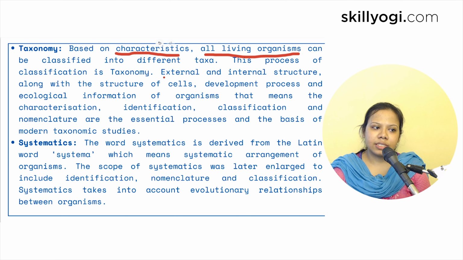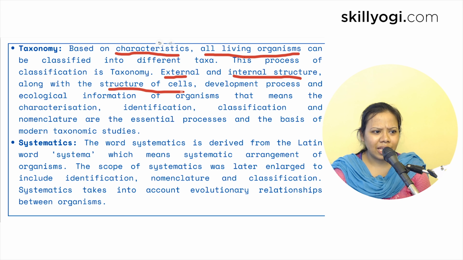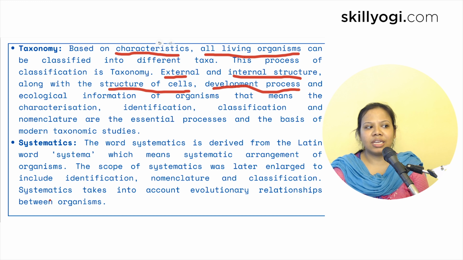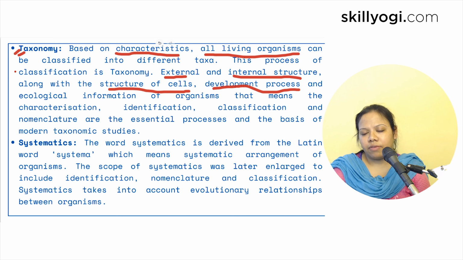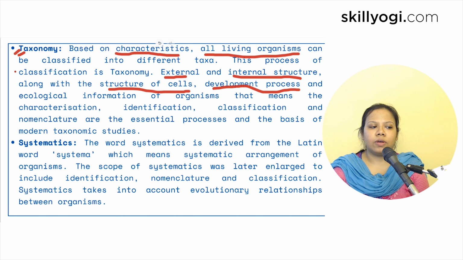In taxonomy, external characters, internal characters, the structures of cells, developmental process, everything is taken, everything is under taxonomy. In simple words, taxonomy is to characterize or classify every living organism by all their characters, which can be external, internal, developmental process, cell structure, everything. This is known as taxonomy.